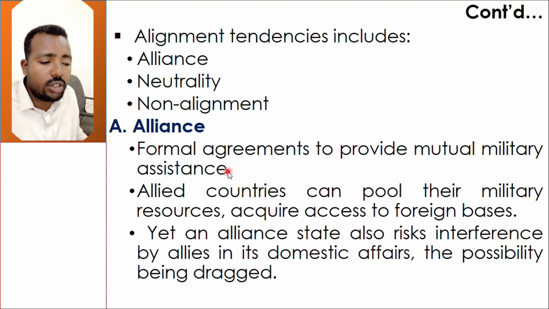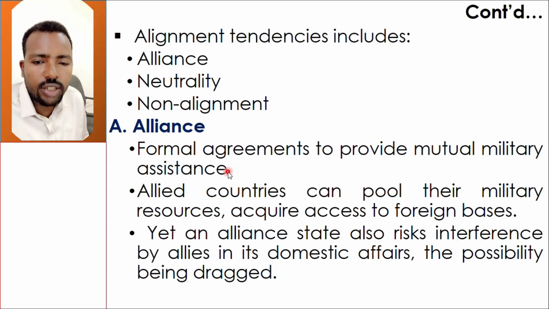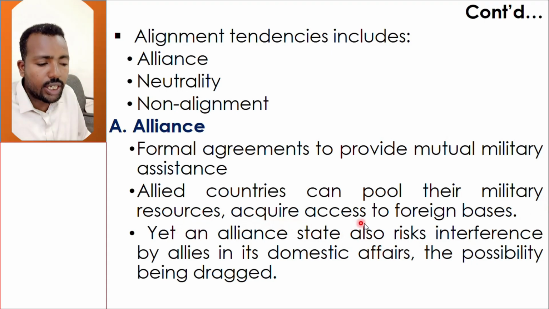Because this is the agreement and working together to address their common enemy or just provide mutual military assistance in terms of training, in terms of weapons, and also intelligence. Allied countries can pool their military resources and acquire access to foreign bases.